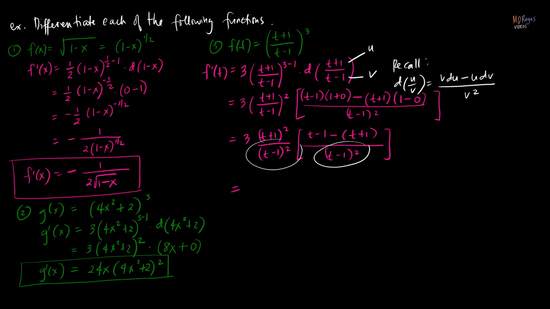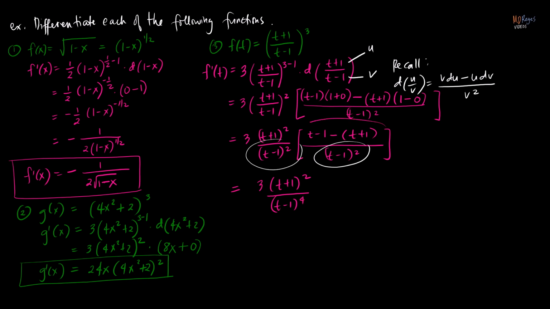So we'll have 3 times t plus 1 squared over t minus 1 squared times t minus 1 squared, which is t minus 1 to the 4th power.